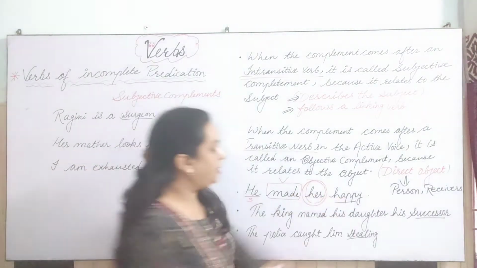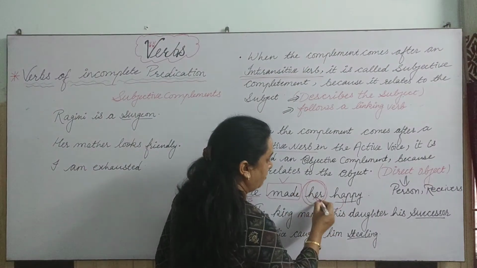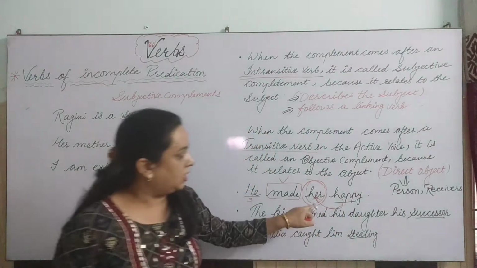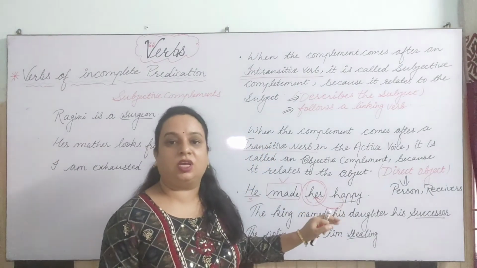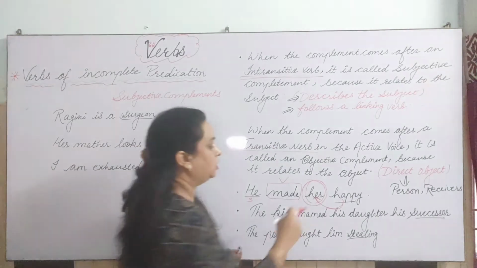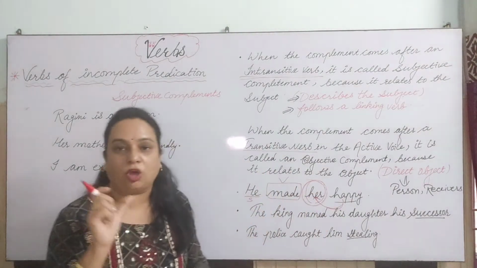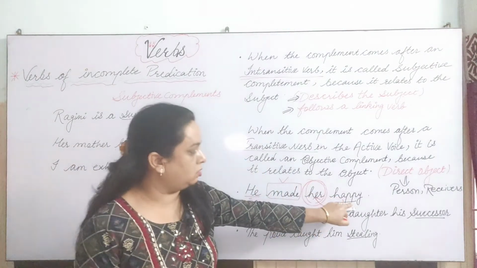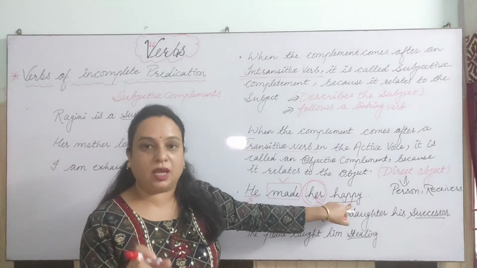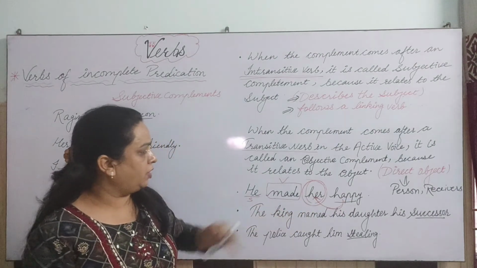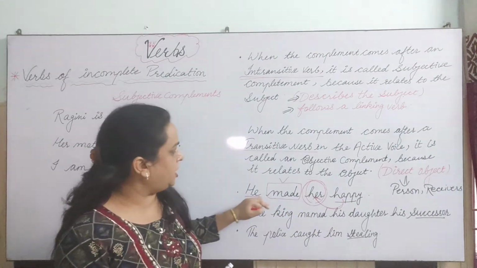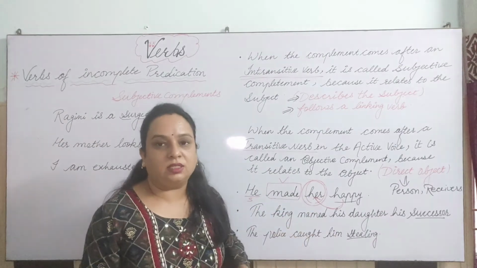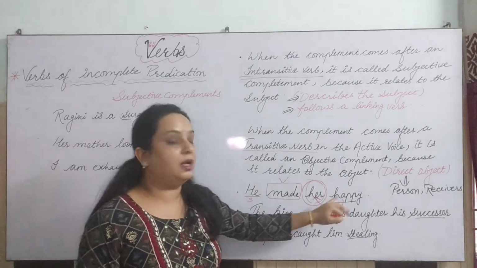And this word happy is telling something about her, that she is happy, or he made her happy. Because if we say only he made her, that is not the sense, right? So he made her happy.